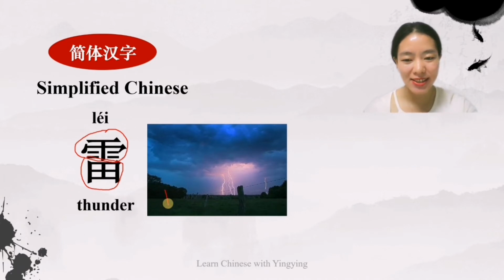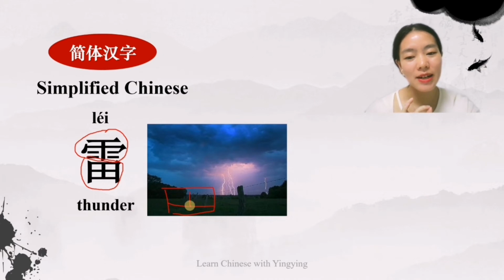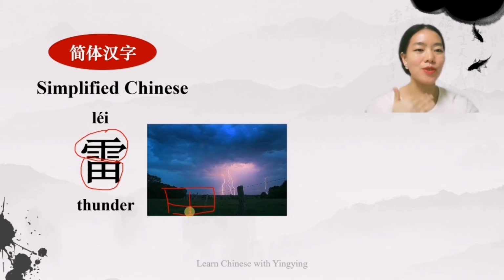You see here, this square part is kind of the shape of the land, and the cross inside of it is the symbol of the roads. So you can remember it in this way. The thunder happens above the land, and it often brings rain in most cases. So this is the word 雷.